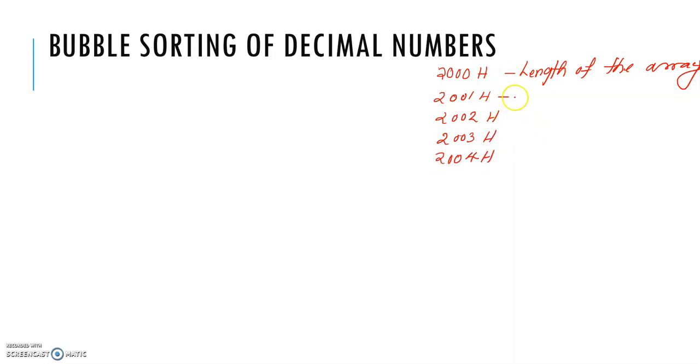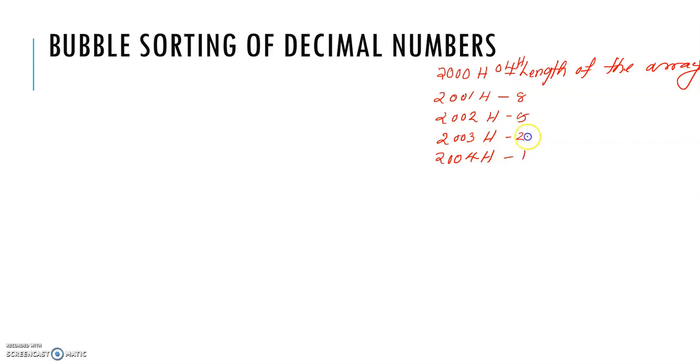So let it be the locations, and if we enter the array length as 04, so 4 locations. Let it be the numbers 8, 5, 2, 1.